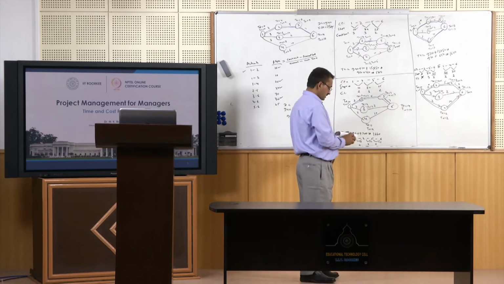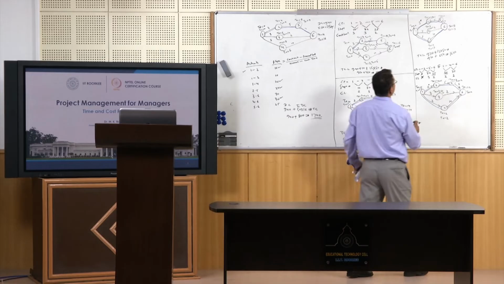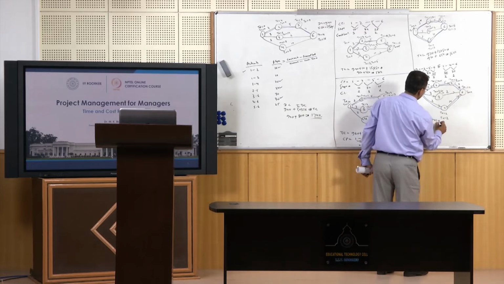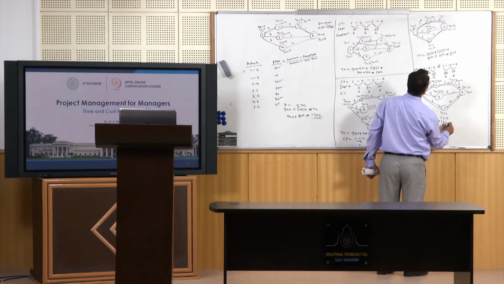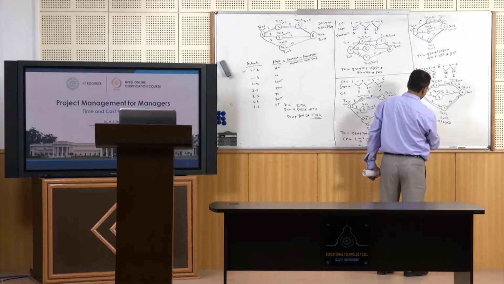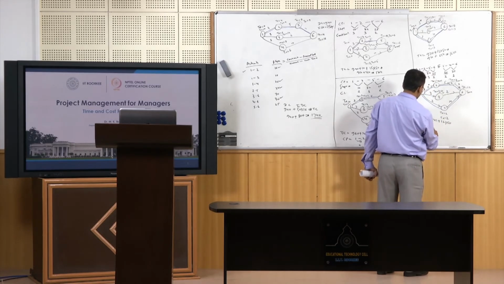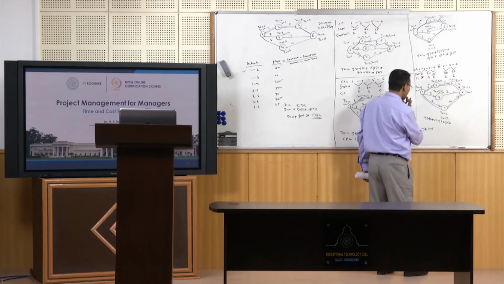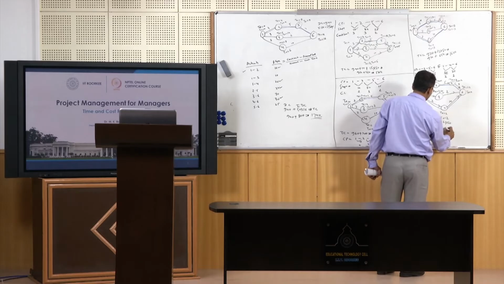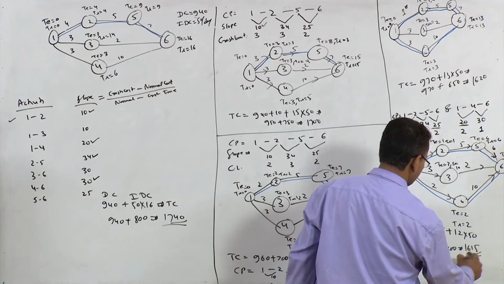What is the total cost? Total cost would be, in fact, this 970 plus 45, right, plus 12 into 50, right. So this is 45, 1015, right, isn't it, and 600, this is 1615.